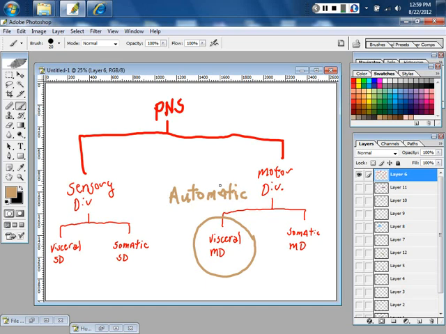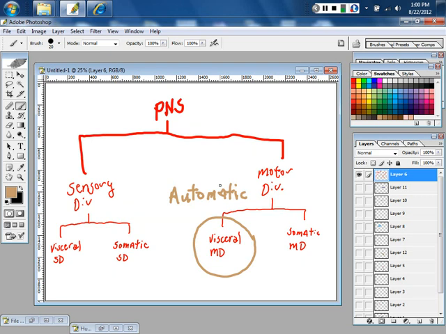Does anyone remember what the visceral motor division of the peripheral nervous system is called? Anybody remember? That's okay. It has the parasympathetic output as part of it, and sympathetic output as part of it.